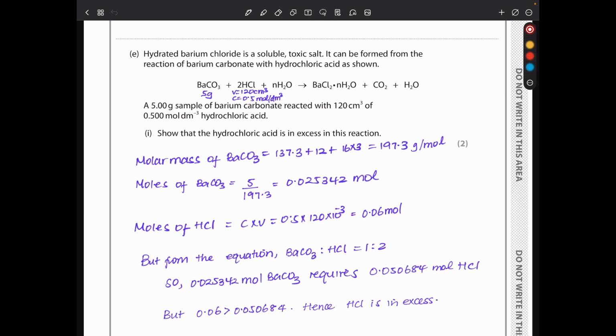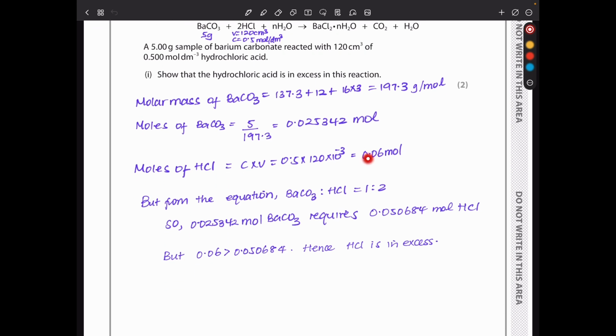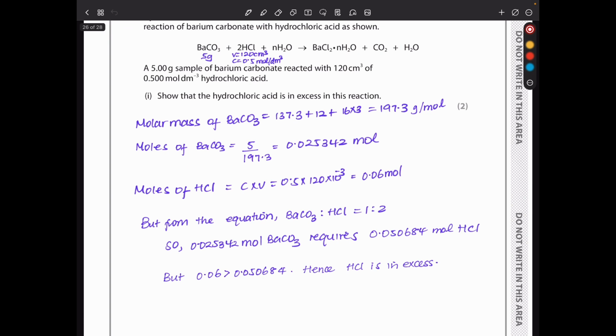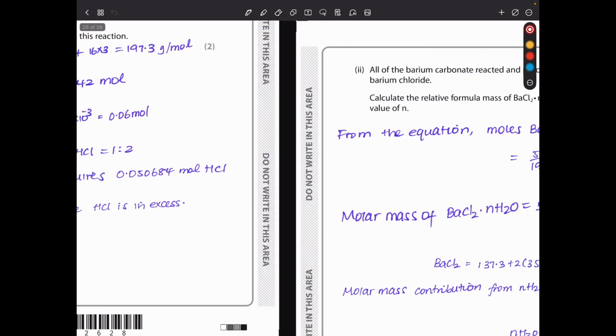Of course, the volume in decimeters cubed, you get 0.06 mole. But when we look at the equation, the ratio should be 1 to 2, meaning hydrochloric acid moles should be twice the moles of barium carbonate. So these moles of barium carbonate will require 2 times that of HCl, which is basically this. However, when we compare, we have more than required, so HCl is in excess.